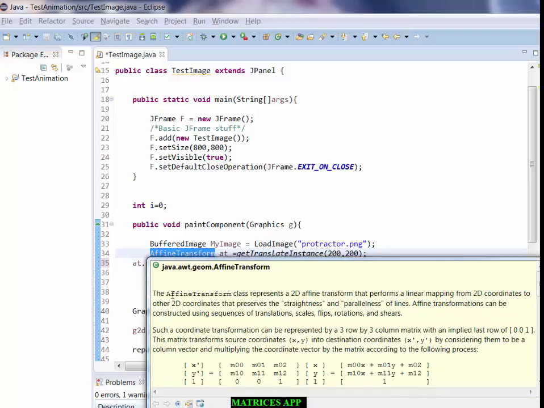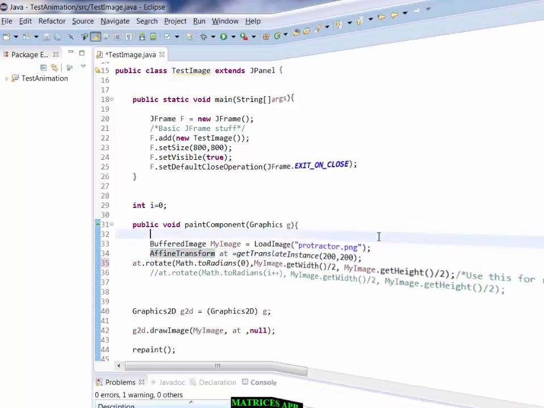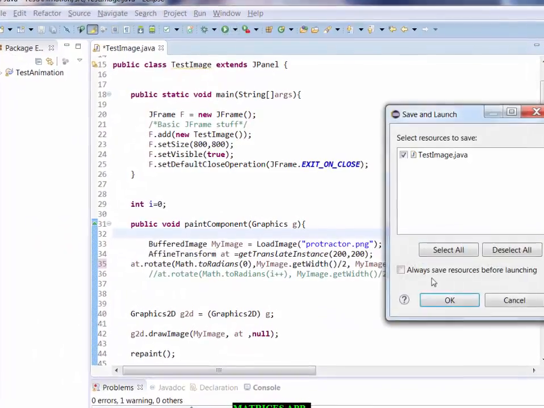It transforms the points in the form of a linear mapping in the 2D coordinate system, and it makes sure that it preserves the straightness and parallelness of the shape. And here, the transformation matrix is actually a 3x3 matrix. The third dimension takes care of the shifting of origin. We are discussing everything with respect to the origin 0, 0.